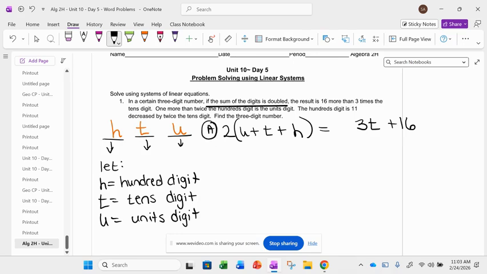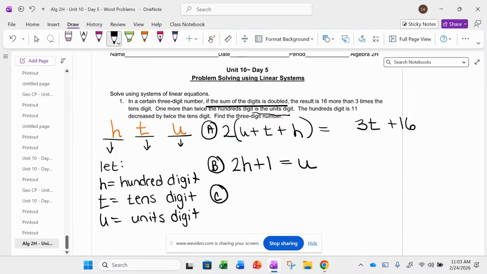I need two more different equations. Second equation: 1 more than twice the hundreds digit. That's going to be 2H plus 1, is the units digit. So equals U. That's my second equation.